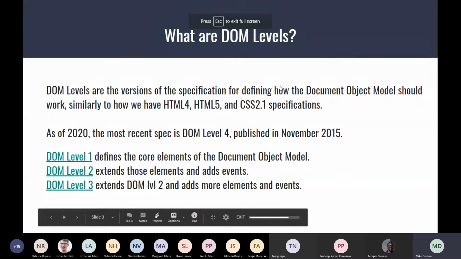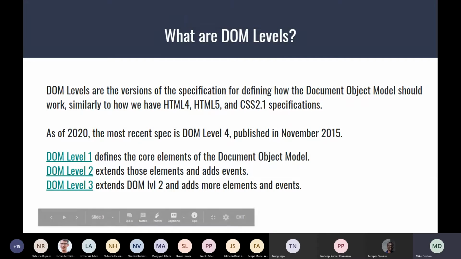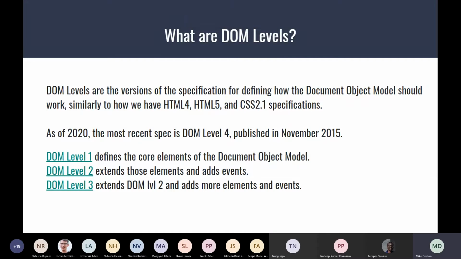All right. So DOM level 3 is level 2, but added more elements and more events. Sometimes when you look at the syntax, you may be more comfortable with adding the event directly to the element with the dot accessor, dot onclick, dot onmouseover.